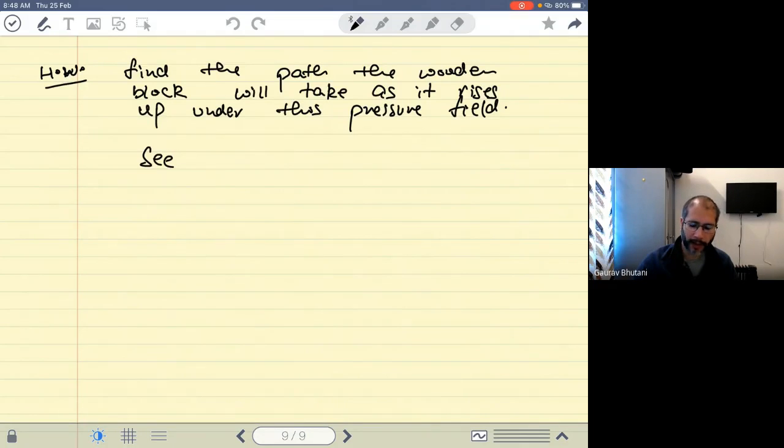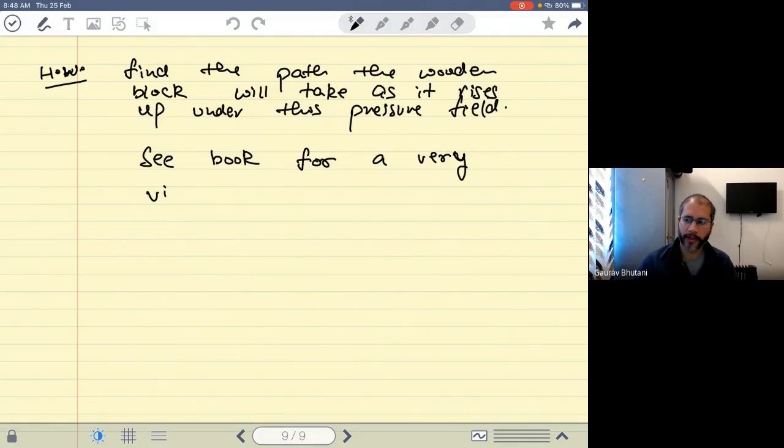I'll also mention, see the book, there's a very nice visualization of these tracer particles.